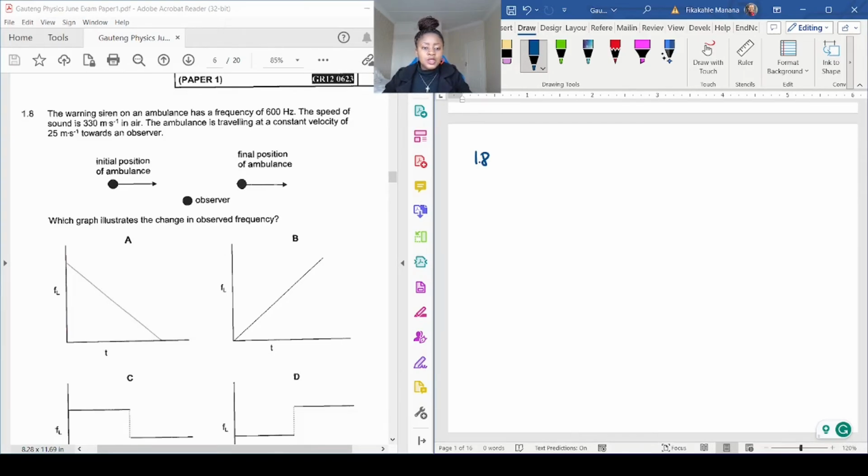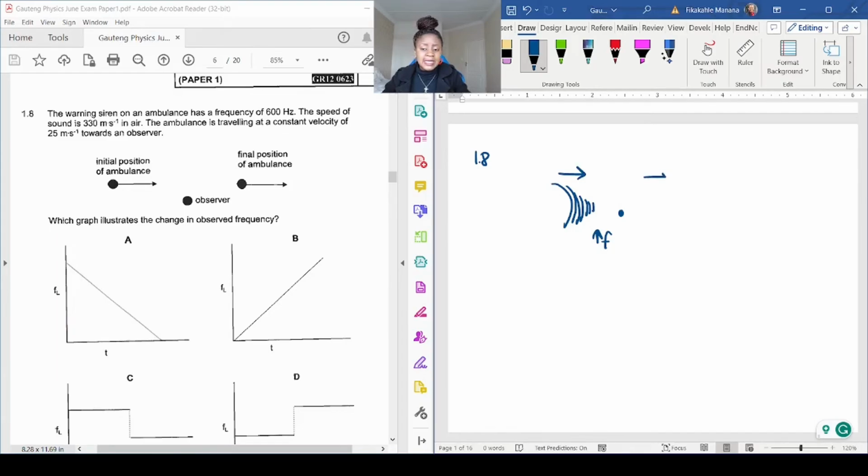Okay, so now we have the initial position of the ambulance and then the observer. So the ambulance is approaching the observer, and remember with Doppler effect, as it approaches, the sound waves actually become less and less, but the sound intensifies, the frequency actually increases, okay, in that direction.